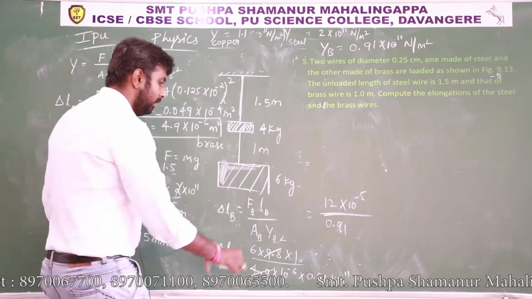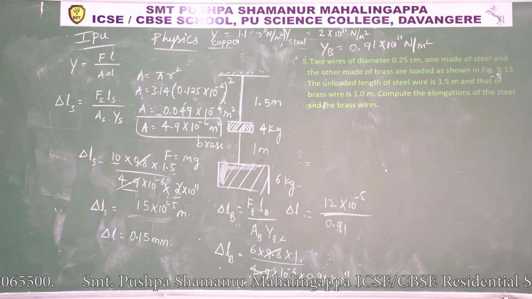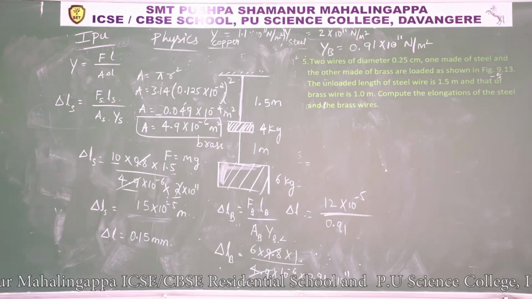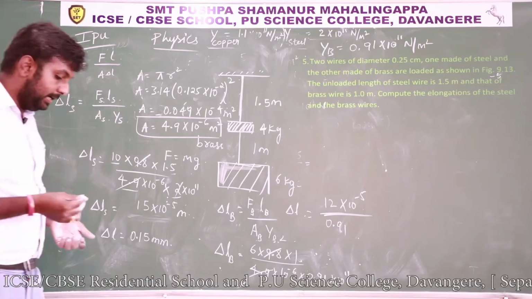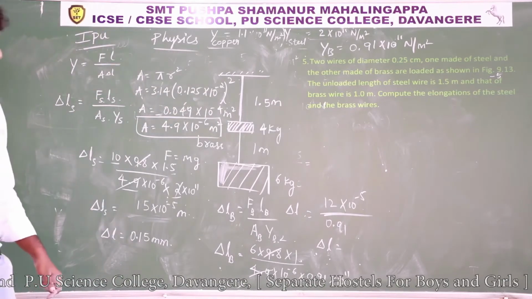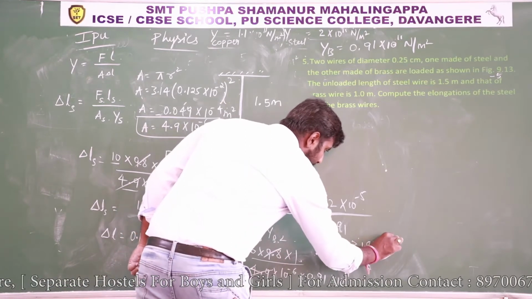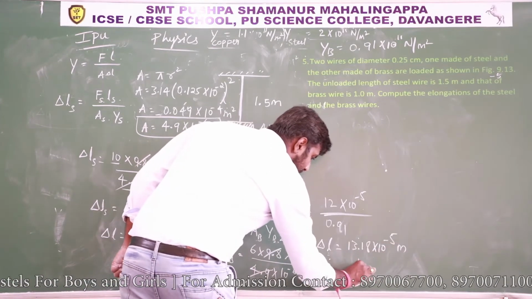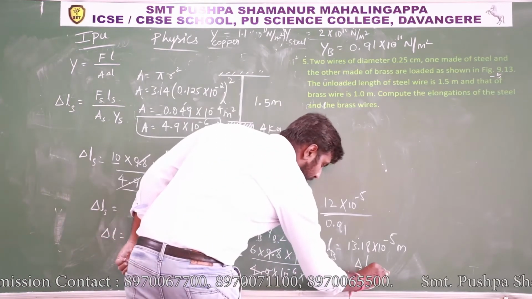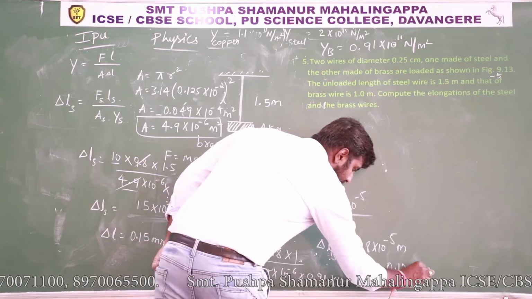So calculate this answer. 12 divided by 0.91, you will get delta L equal to 13.18 into 10 to the power minus 5 meter, or the change in length in brass is equal to 0.13 millimeter.